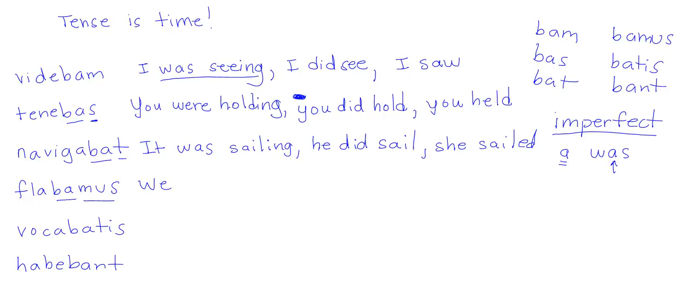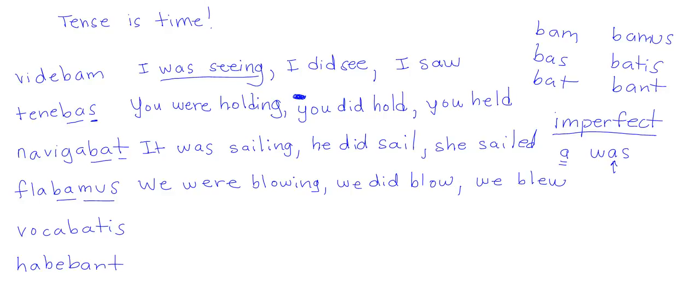Ba is for was, but in English we want to say we were. Flo, flare, we were blowing. Here we go. We did blow. And in English, we're going to have an irregular form here. We blew. There we go.